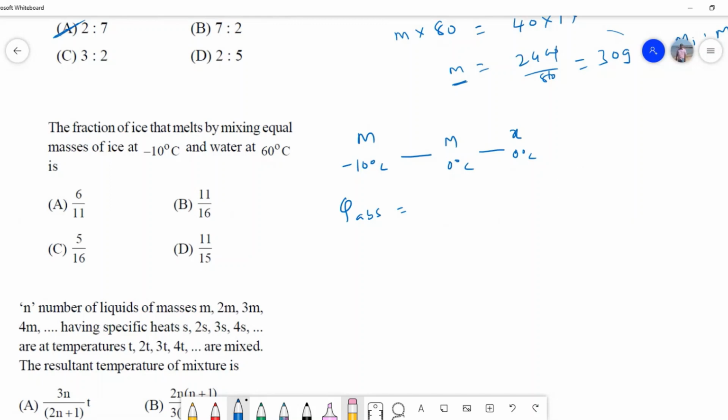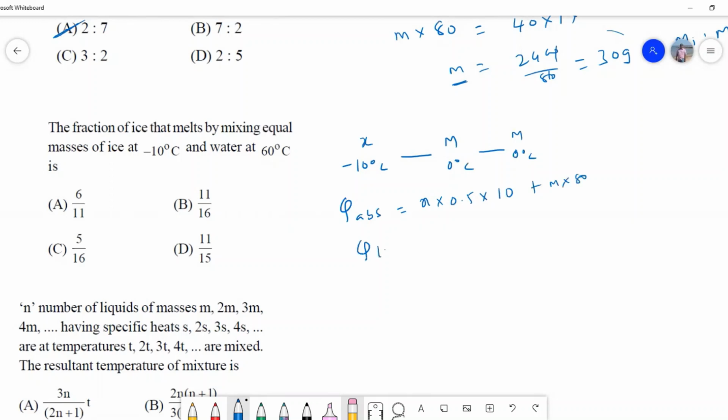Ice is melting. So here x is, what is asked is the fraction of ice that melts. So let us take x grams of ice melted. Therefore m into 0.5 into 10 plus x into 80.